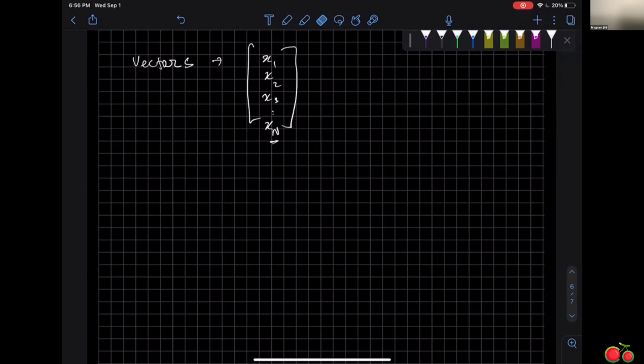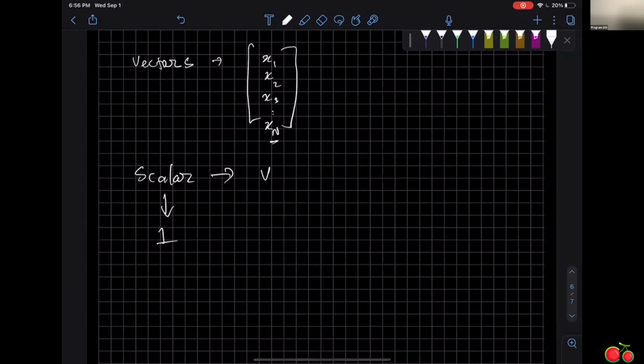Now when you're looking at the idea of a matrix, this is one representation. There's a hierarchy here. A scalar is the simplest representation, where you have a single value.